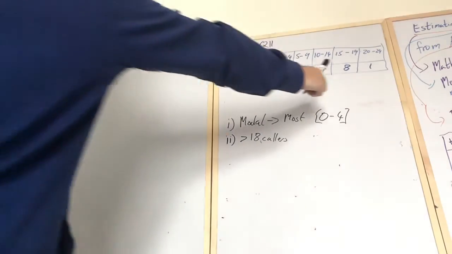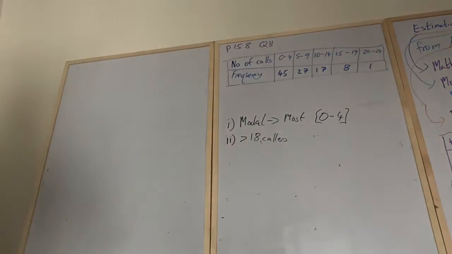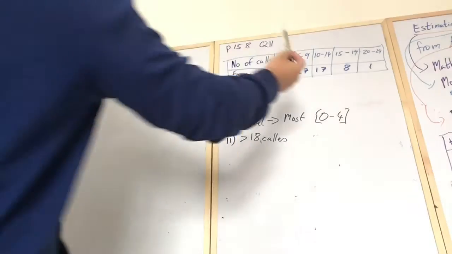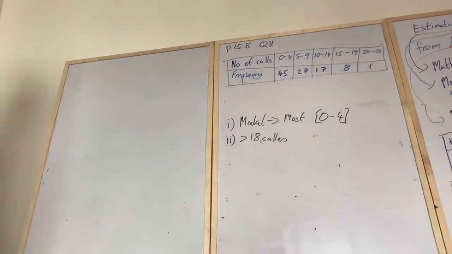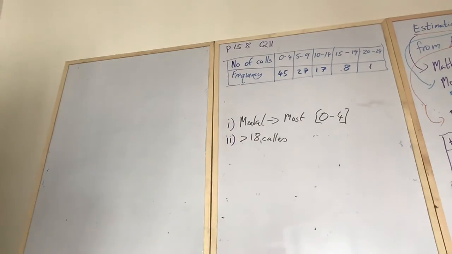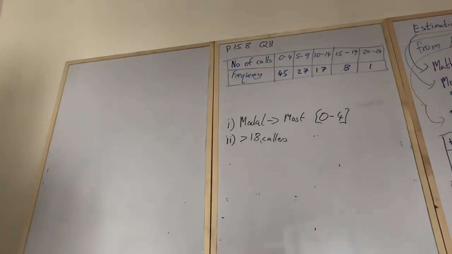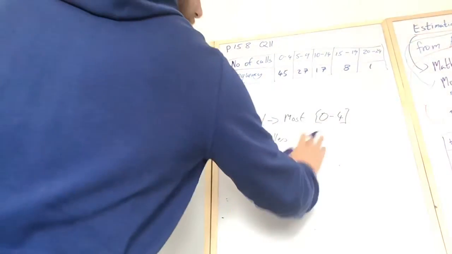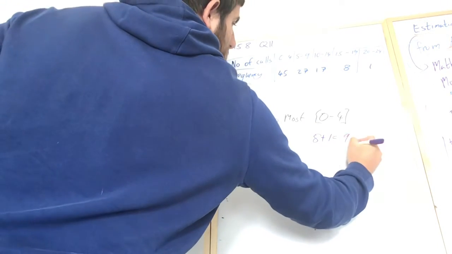People that belong, definitely this one person between 20 and 24, belongs to greater than 18. These 8 people could be or could not, we're not quite sure, so we have to read the question carefully. It says the greatest number of people, so in theory all 8 of these people could have had more than 18 calls, so we would include those 8 plus that one person. Your answer is 9 people.